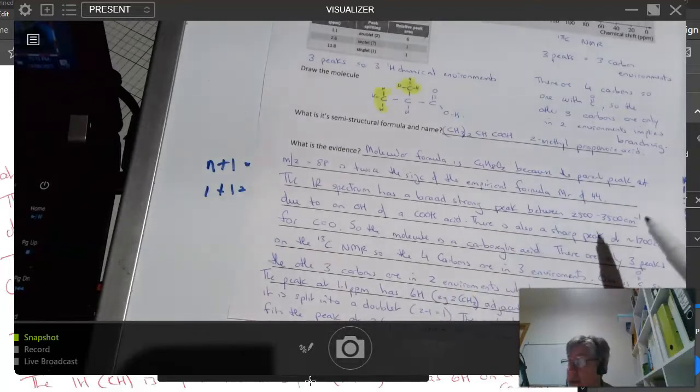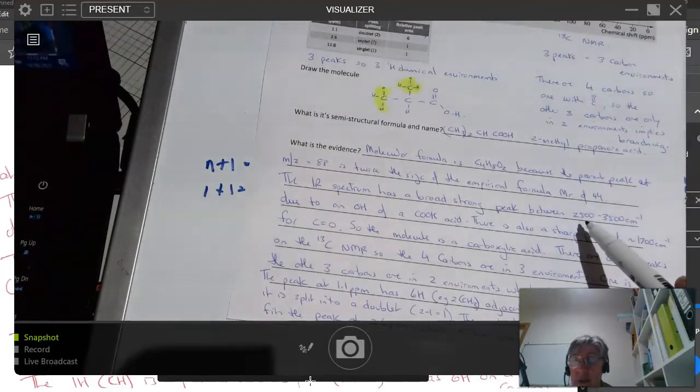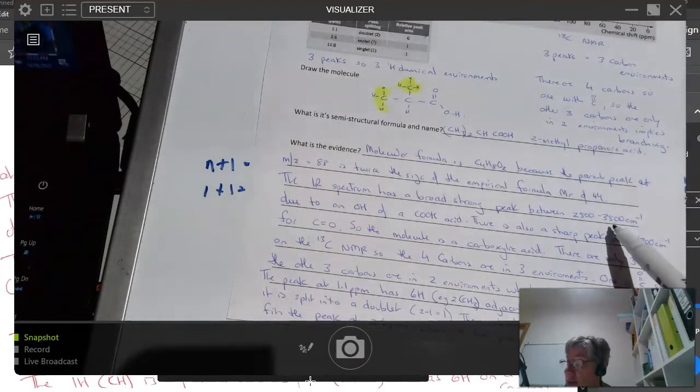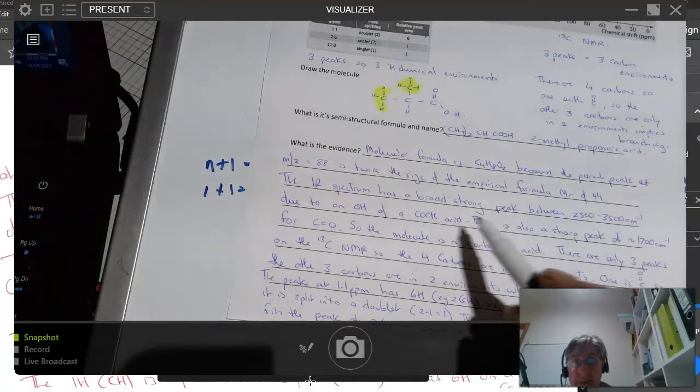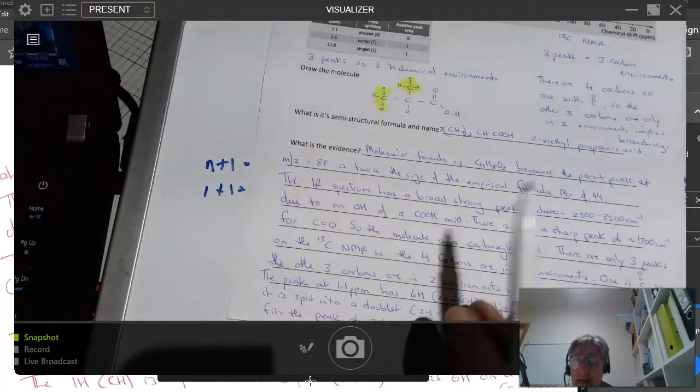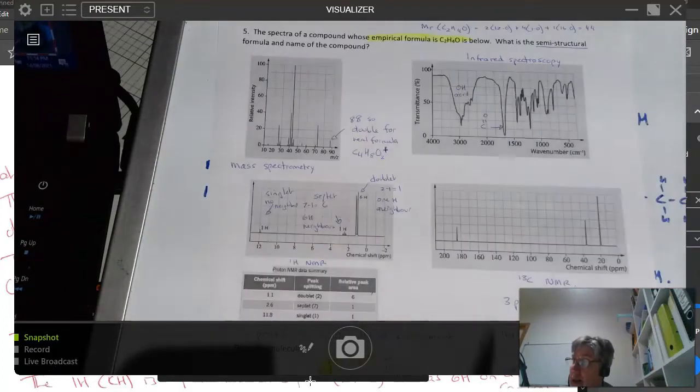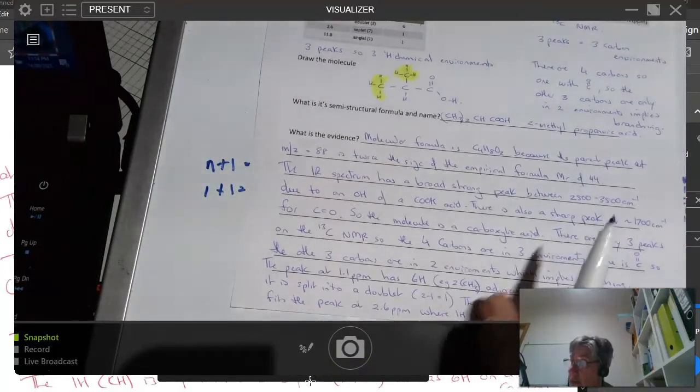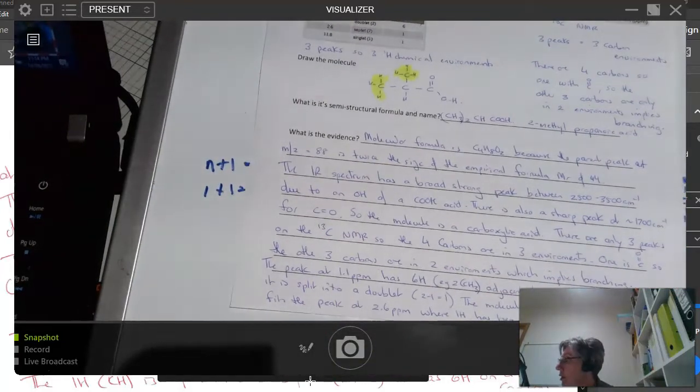If you look up the data booklet, it's between 2,500 and 3,500 for hydroxyl groups for carboxylic acids. And there's also a sharp peak at 1,700 for the carbonyl.